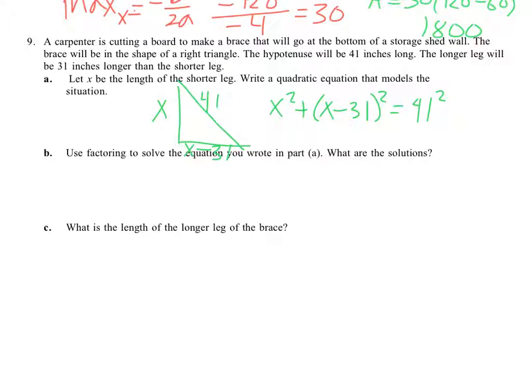I don't think they'd particularly love the way that I would try to do this problem, because I don't want to factor this, but I'll humor the creators of this problem and pretend that you'd actually do something this way. We got x squared, and then we've got x minus 31 times x minus 31.